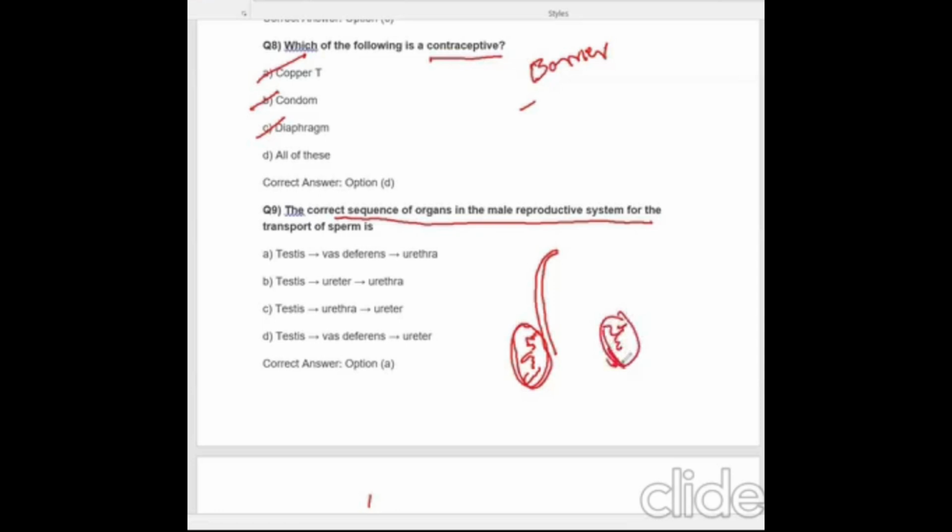Okay, you can see these vas deferens are entering into the penis. So the sequence is testis, vas deferens, and the urethra. So this is the urethra. The penis acts as a reproductive organ as well as the copulatory organ, and also it acts as the excretory organ.